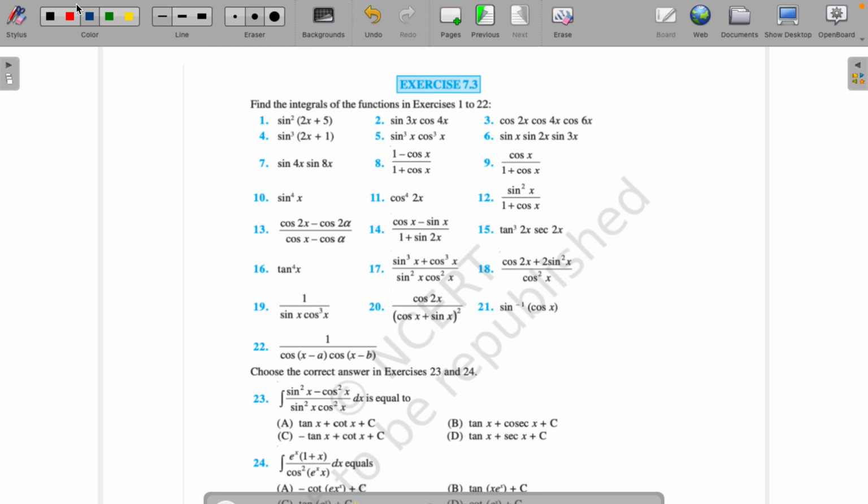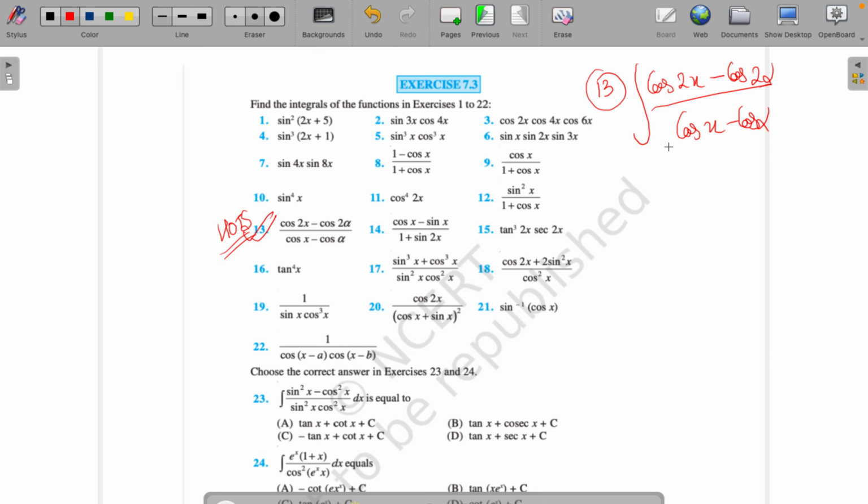Now question number 13 is again a HOTS question, children. I'll show you the mistake which happens in this question. Cos 2x minus cos 2 alpha upon cos x minus cos alpha.